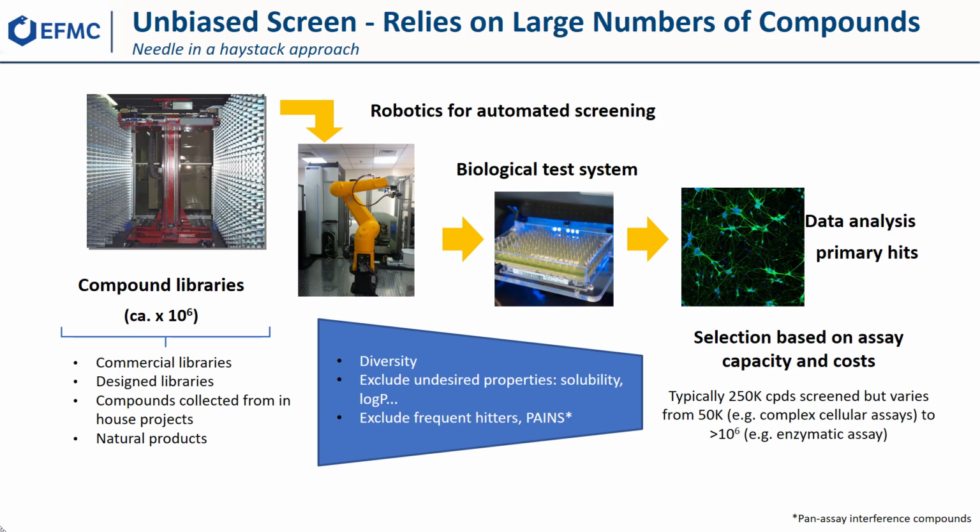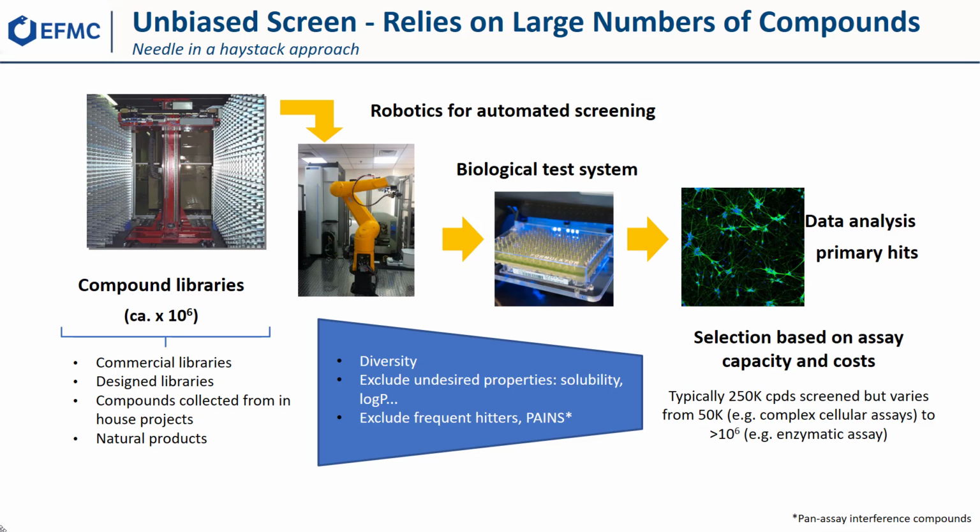Now, since we're talking about screening a large number of compounds, it's important that we use robotics in order to automate the screening. And then you can use plates, such as the one you see in this picture here, where each well contains an individual compound in order to be able to screen all the ones you want to screen. After running your assay, you're going to get a lot of data that you're going to be analyzing in order to define your hits.